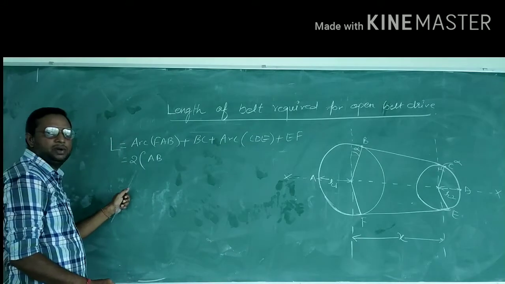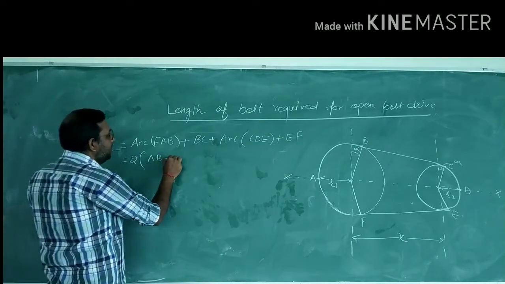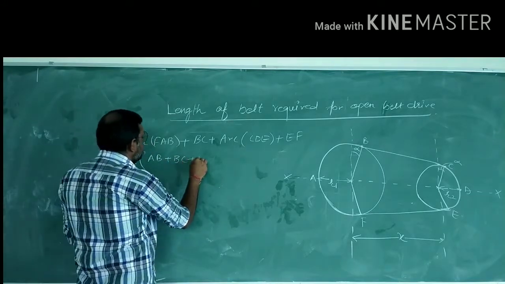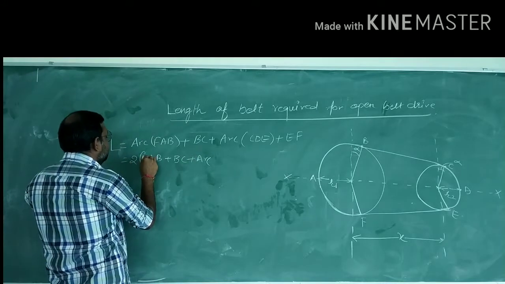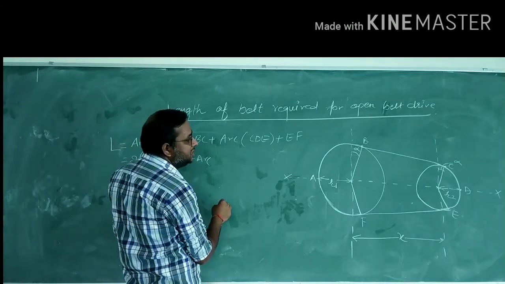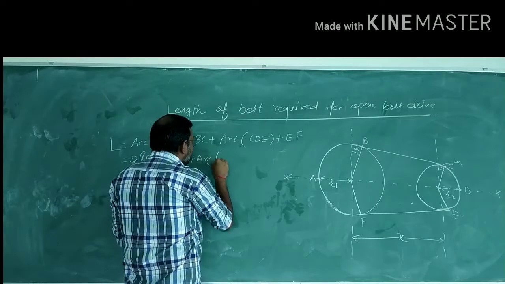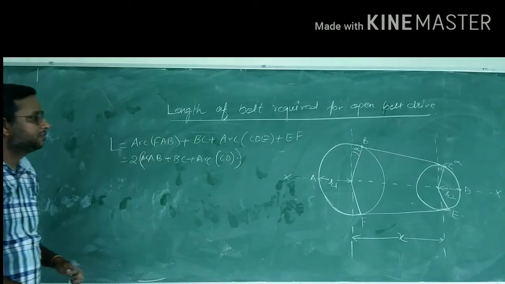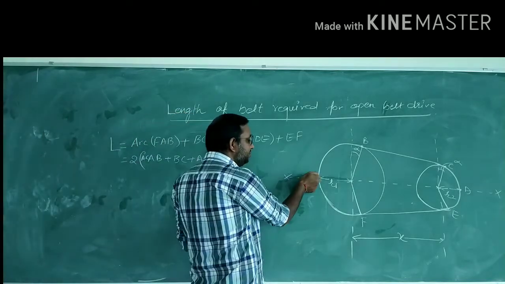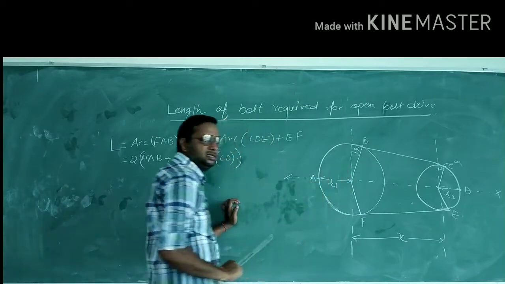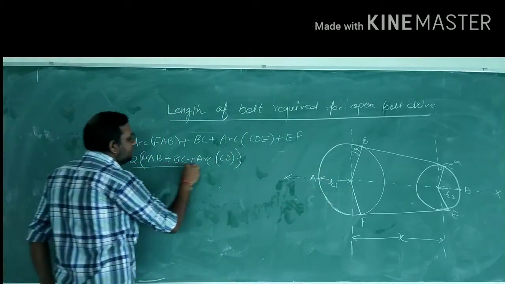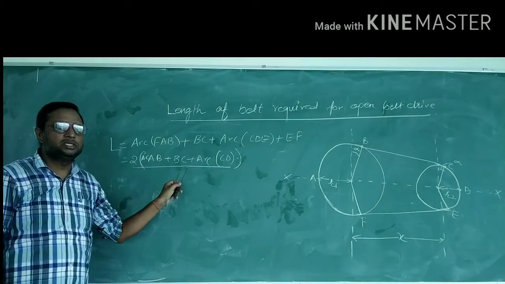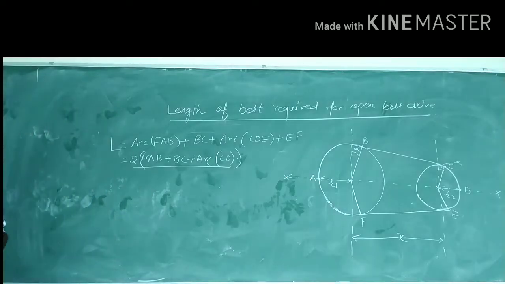So that's why we have multiplied by 2 with each of the terms, plus BC will remain same because BC is equal to FE, plus arc length, instead of CDE we'll take CD. Okay, so we have taken the length of the belt above the x-axis. Is it clear? So this is the required form, and we have to find the value of arc AB, arc CD and BC, and putting over there we will get the result. Okay.